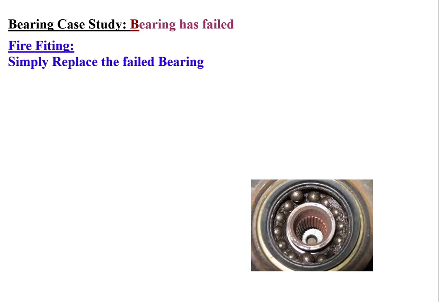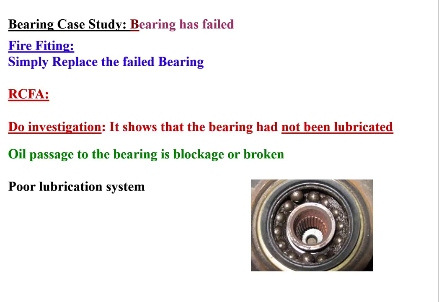We had better support the slow team who work out why this bearing has frequent failure. If we apply root cause failure analysis, we do an investigation, and the investigation of that failed bearing might indicate many reasons.